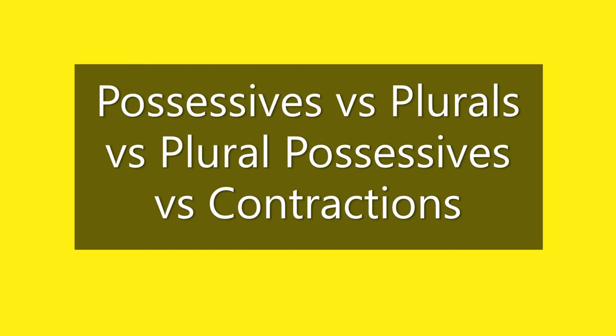So that's a plural possessive. And then contractions. Contractions are when you take two words and squish them together into one word. And you typically use an apostrophe to indicate that you've done that, like cannot becomes can't, with an apostrophe between the N and the T.